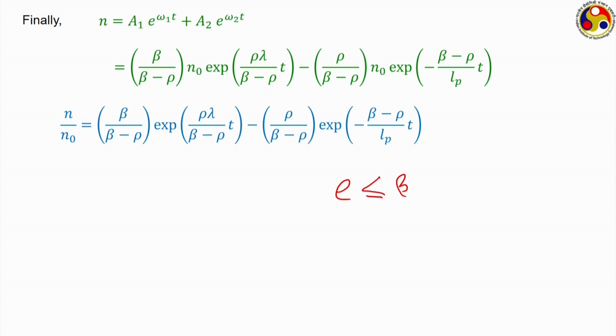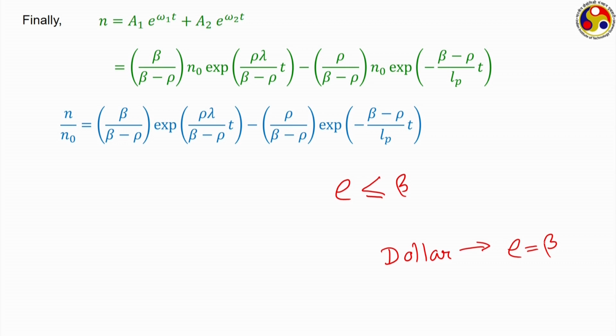For different nuclei, beta can have different values, and accordingly a new unit of reactivity is often defined, which is called the dollar. It is the same as the US currency. Dollar is defined as that value of reactivity which makes the reactor prompt critical, that is, it corresponds to that value of reactivity when rho becomes equal to beta.